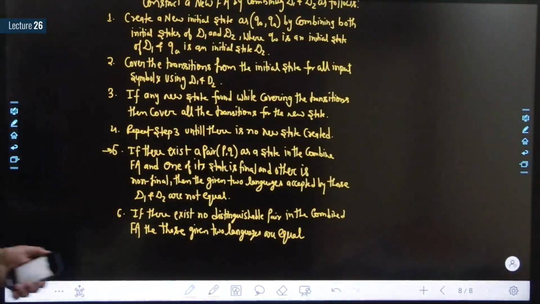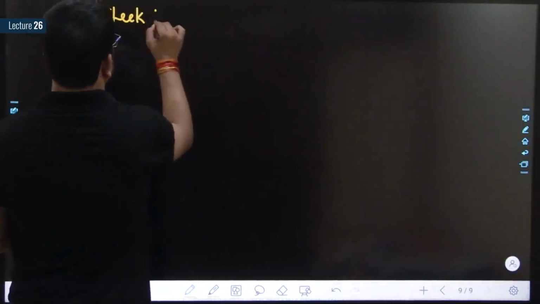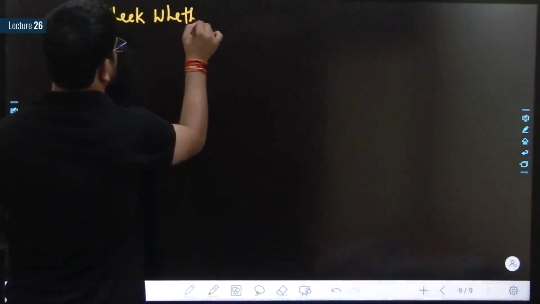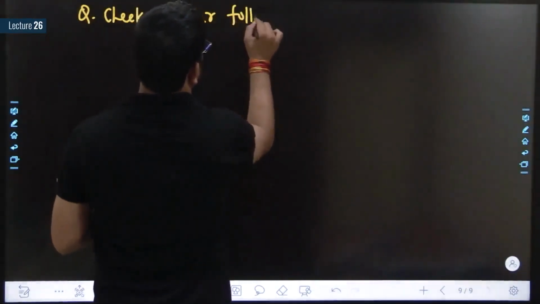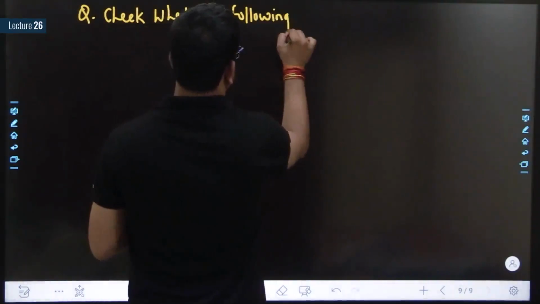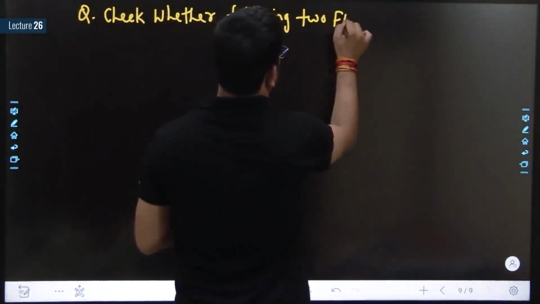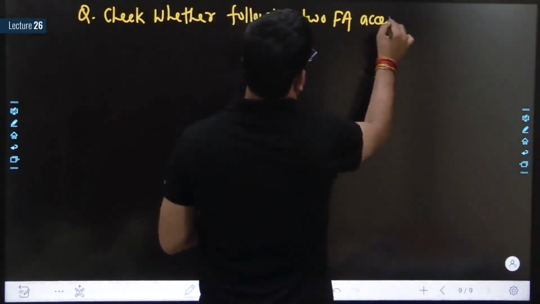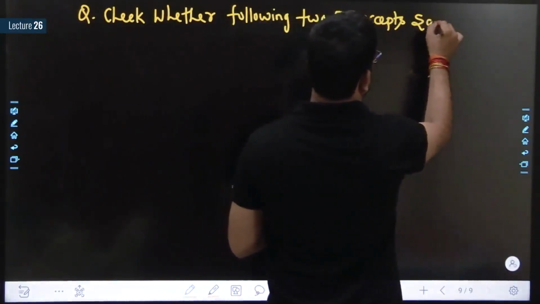Okay, question. See the example. Check whether the following two finite automata accept the same language or not.